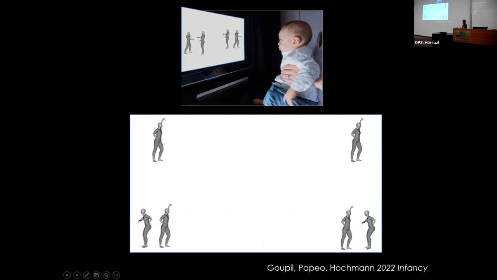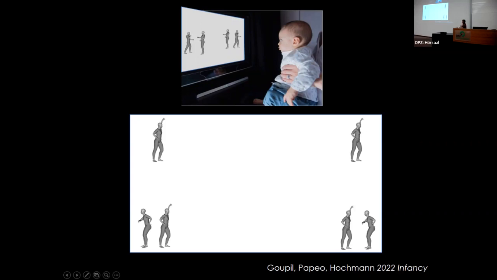The reasoning is that if the difference between facing and non-facing bodies reflects processing difficulty, we should find a more similar looking time for this structured, unitary configuration relative to single bodies, and a larger difference between single bodies and back-to-back bodies.